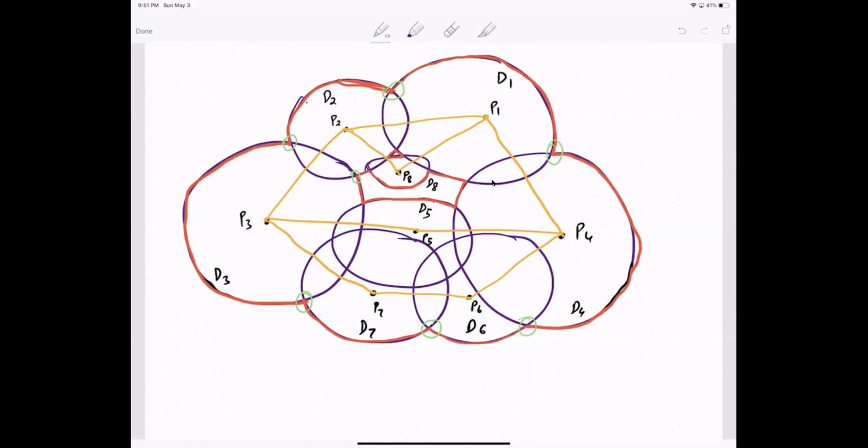A more interesting example is P5 and P7. We didn't connect them because if you look at their intersection points, I think it is this and this, and none of them lie on the boundary of the union. That's why we didn't join P5 and P7.